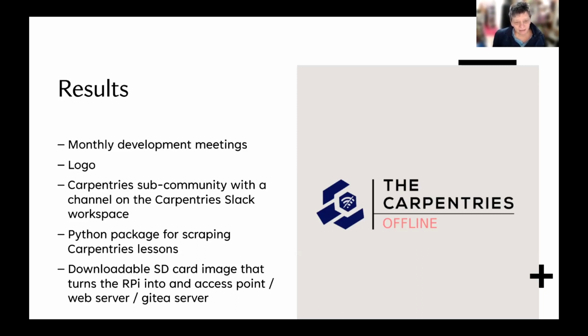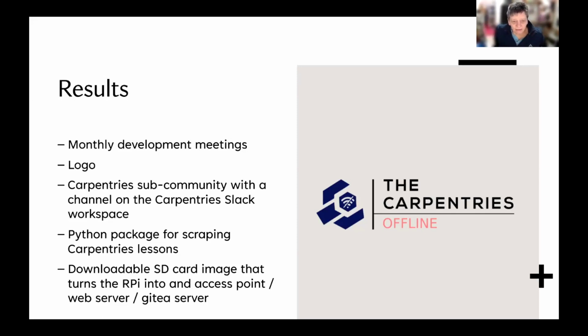Something nice that came out of this was that the two people in America, Vernalise Cruz and Ethan White, were working on a Python package for scraping the Carpentries lessons from the Carpentries website. They created a Python package which you can just run, and it basically downloads everything to your computer.